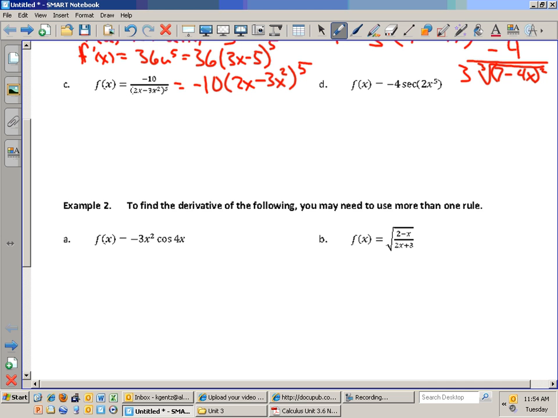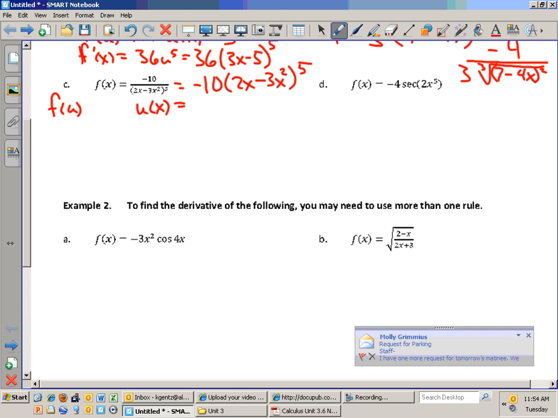I'll work this all out. Please note that if you have something in the denominator, you then make it to the negative power. So here we have 5 in the denominator, so we have it to the negative 5th.